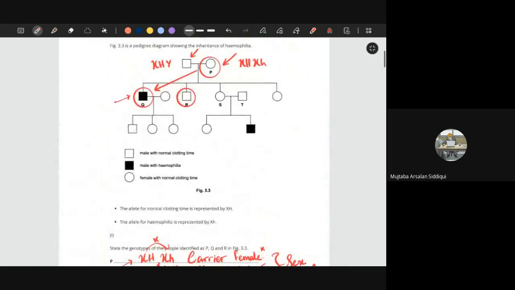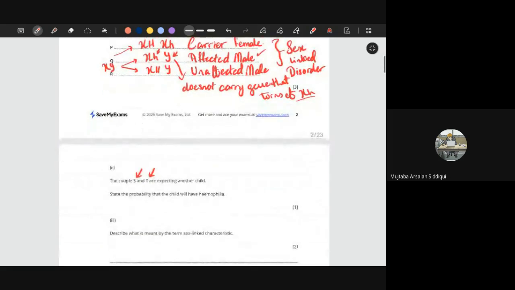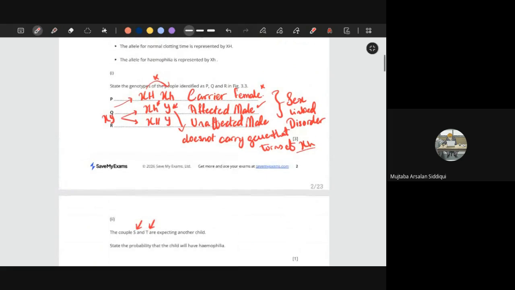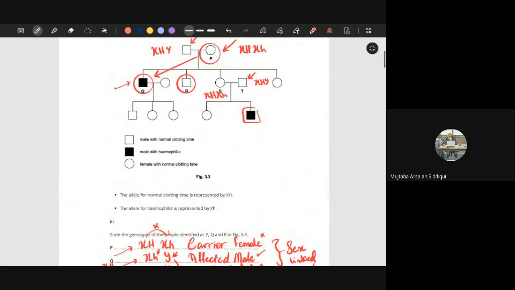So S and T. If the child is male and he is getting hemophilia, that means that this is XhY, but she is a carrier XHXh. So we can make a Punnett square.